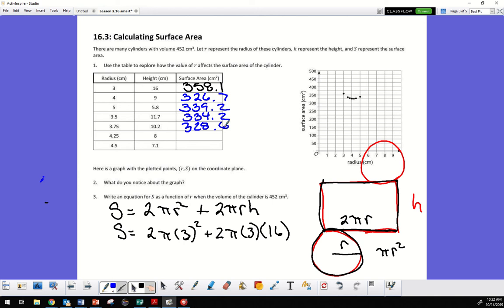Okay. 4.25? 327.1. 4.5, I don't have it. Anyone have the 4.5? 327? Okay, there you go. Thank you. All right, so now let's look at what we got here.